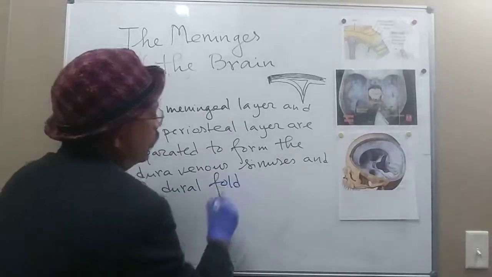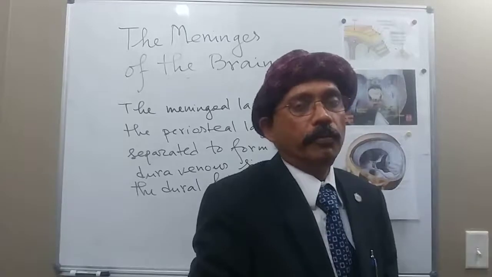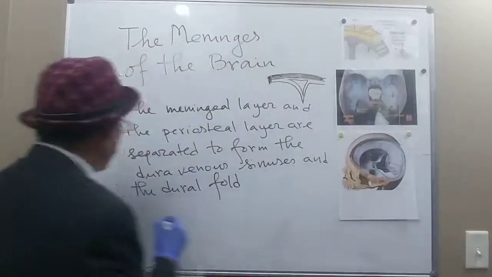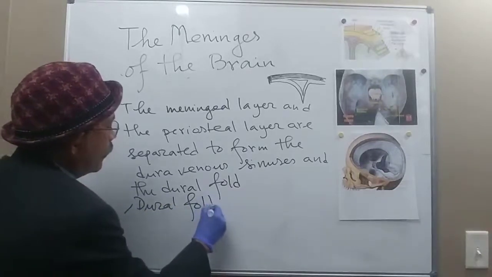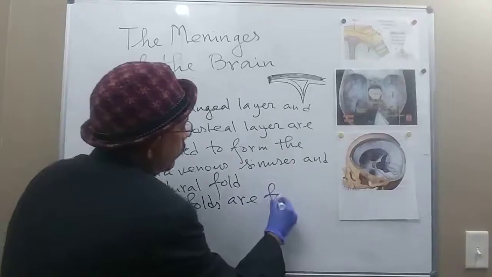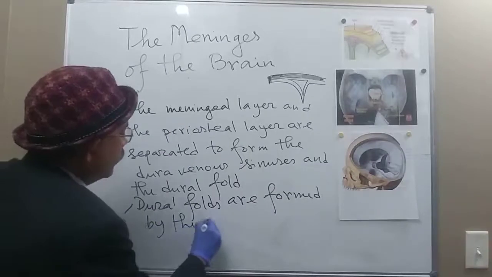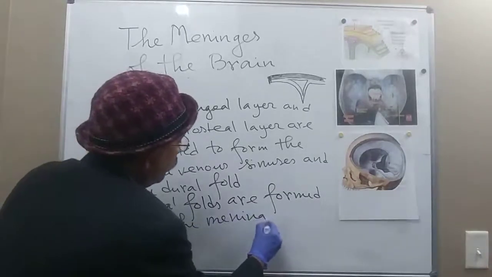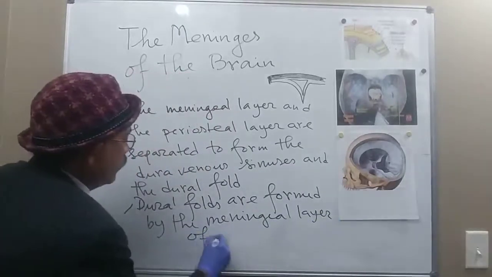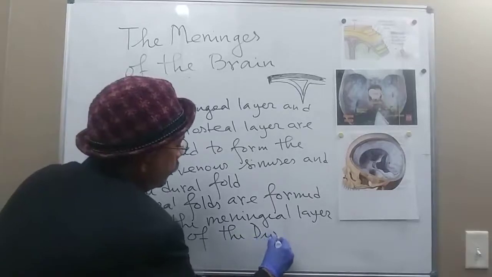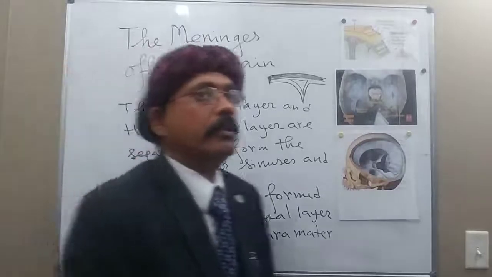And the dural folds are formed by the meningeal layer of the dura mater. So remember that the dural folds are formed by the meningeal layer of the dura mater. Okay, we got that.